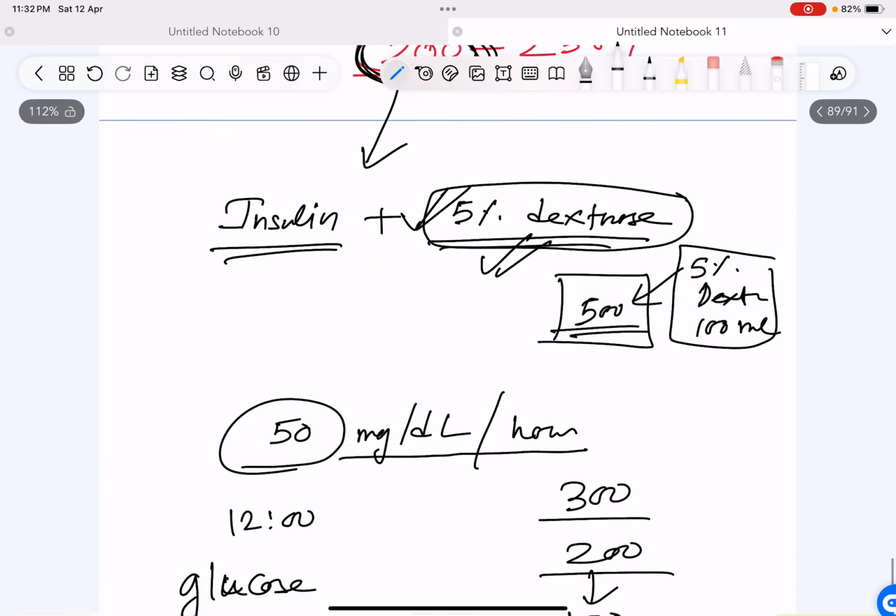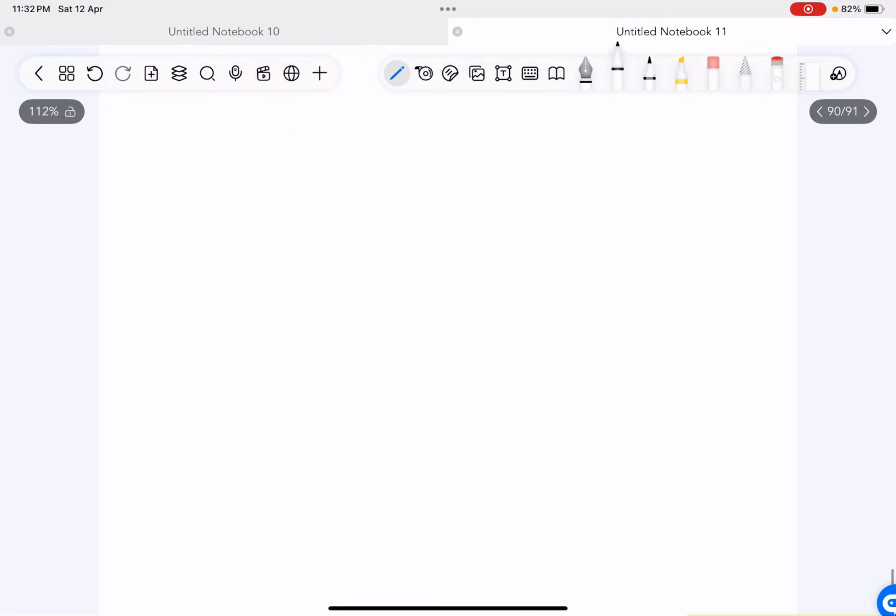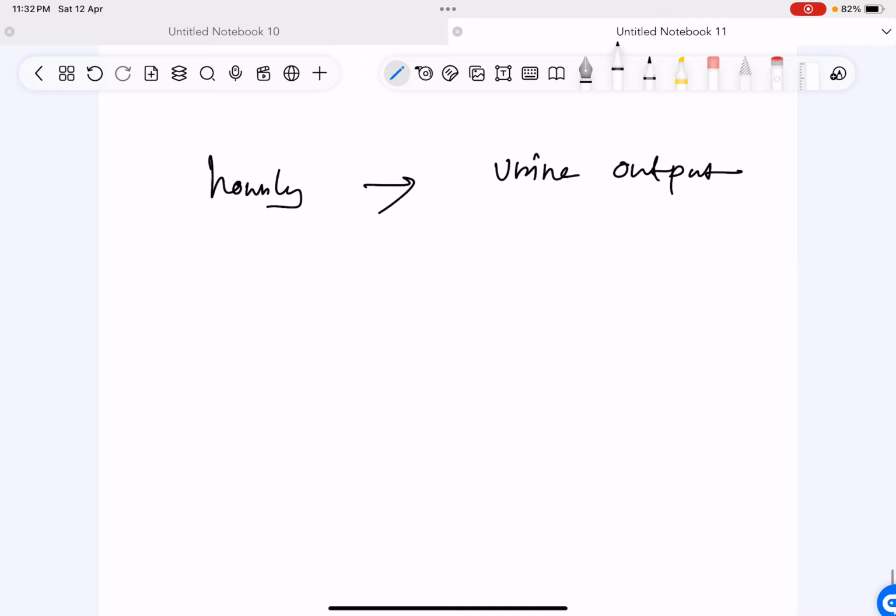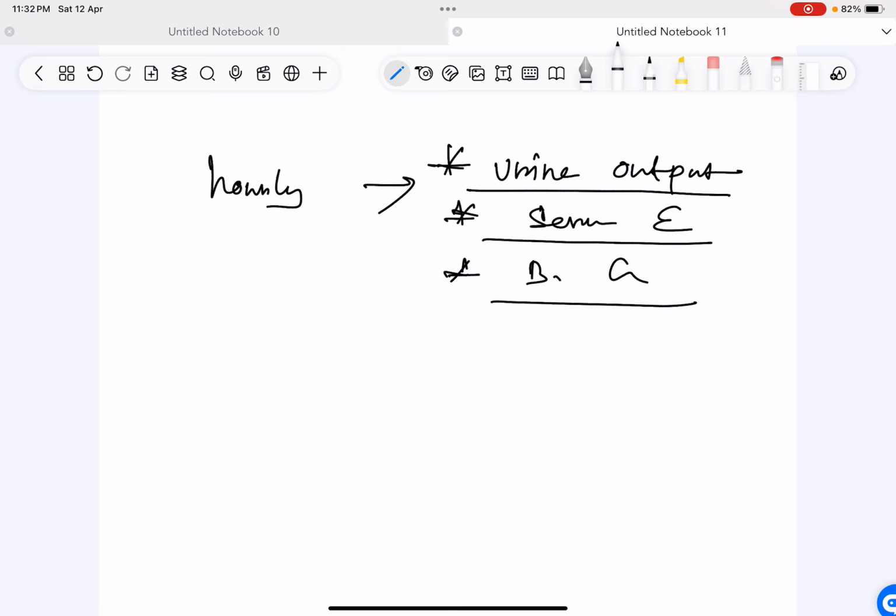You have to check every hour. So hourly, you have to check urine output, because it is a state of dehydration. Check dyselectrolytemia, so check the serum electrolytes, and also you check the blood glucose, because you want to correct the hydration first, then electrolytes, and then blood glucose levels.